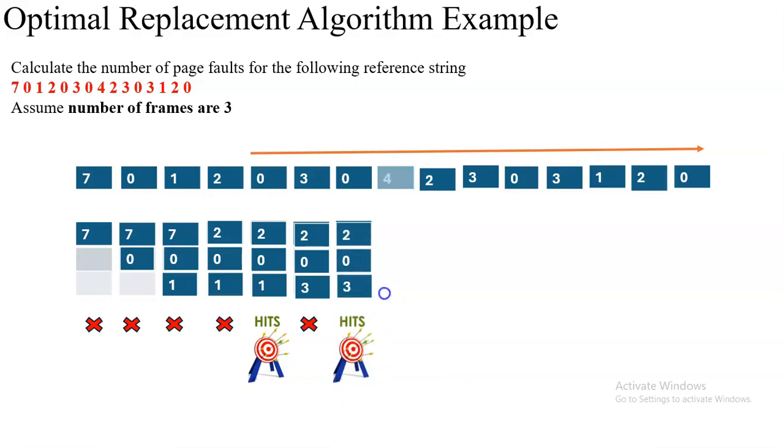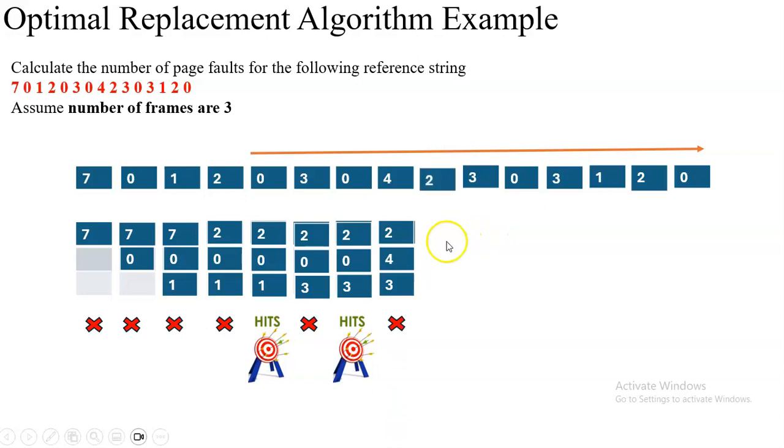Then moving ahead to 4. Look at the contents of the frames, that is 2, 0, 3. Now check which one of these is coming at the last. 2 is coming immediately after 4, then comes 3, and at the last comes 0. So 0 is the one which we will replace with 4. It is now 2, 4, 3, which means it is a page fault.